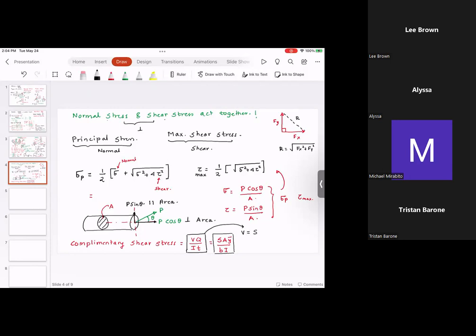V is equal to S is equal to shear force. Q is equal to A y bar, called the first moment of area. B is equal to T is equal to the thickness dimension.